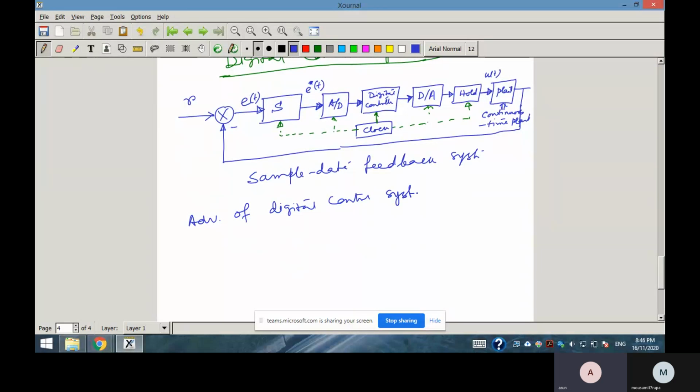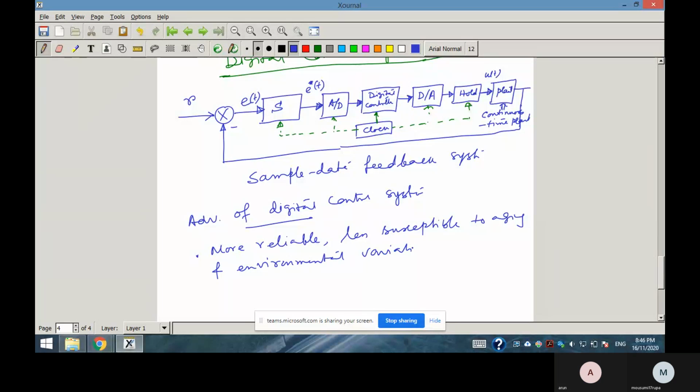As I already said, the advantage is that they are more reliable, less susceptible to aging and environmental variations. So it is a more reliable system, less susceptible to aging.